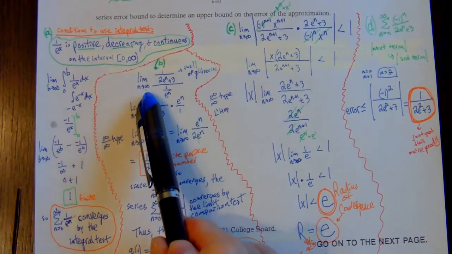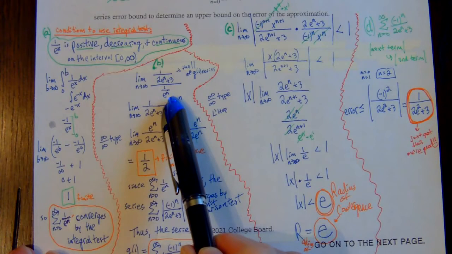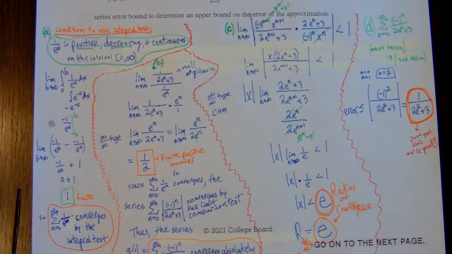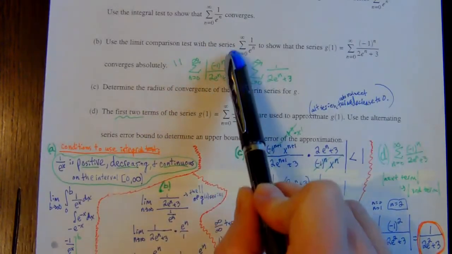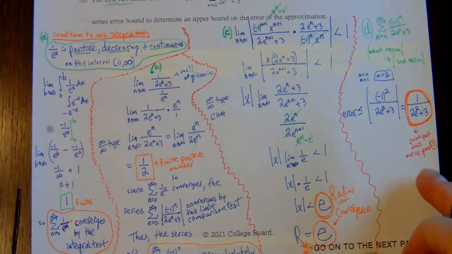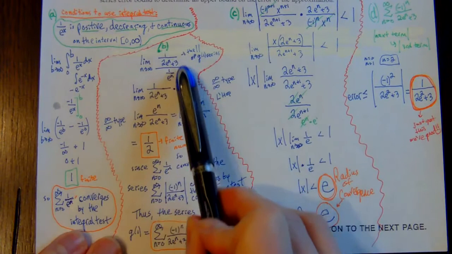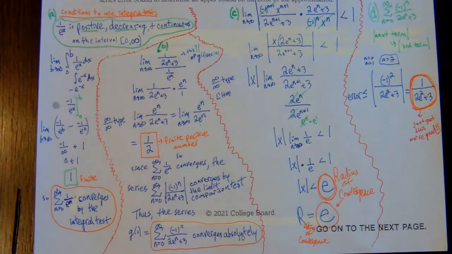Remember what we do: we take the limit as n approaches infinity of the original over the comparison one that they told us to use. I could throw in the absolute value bars, or I can just go straight to that. They did say on the rubric that there's more than one way to illustrate the use of the absolute value bars. If you went straight to the positive of that series, that's correctly utilizing the absolute value bars right there.